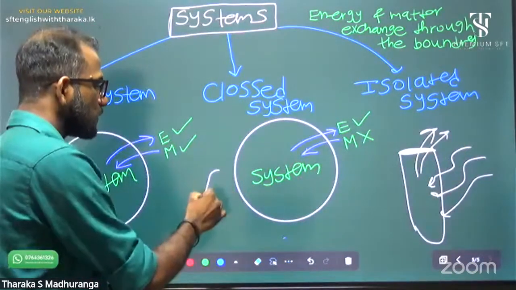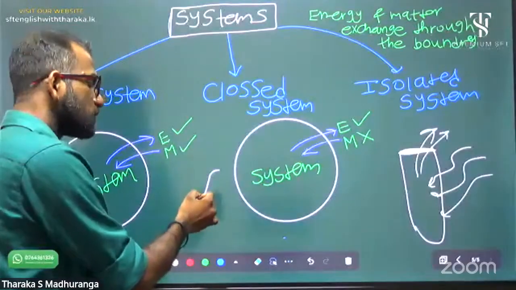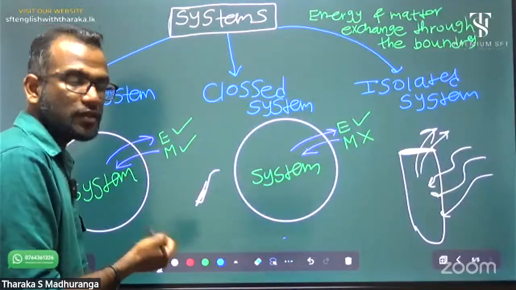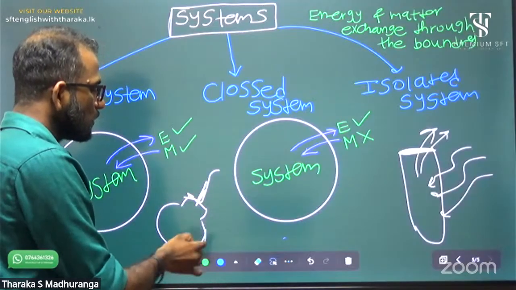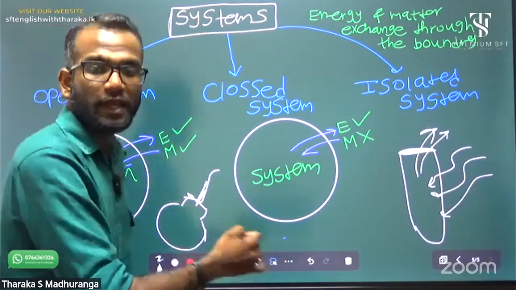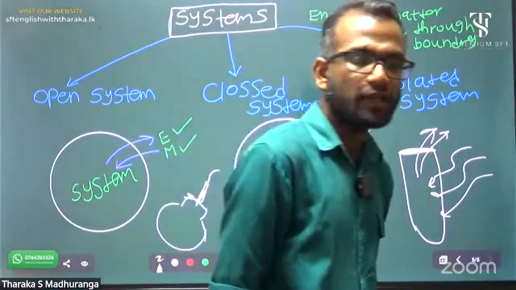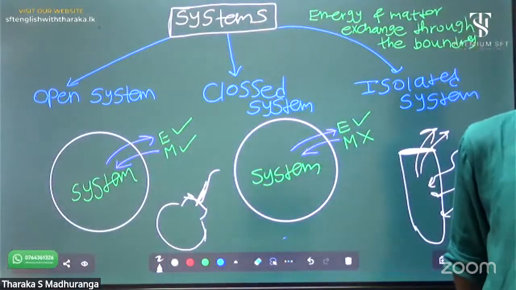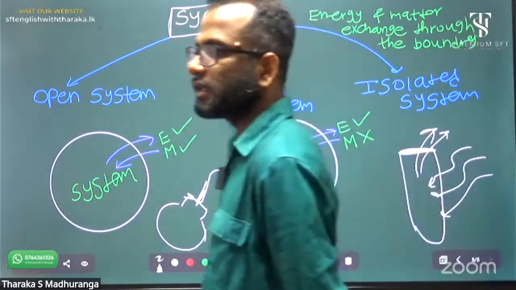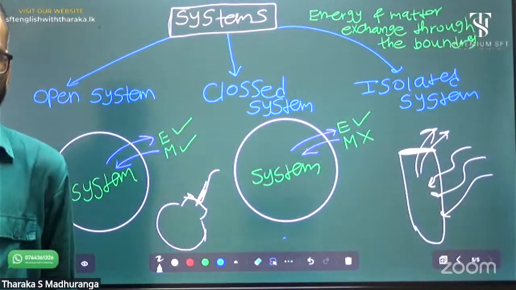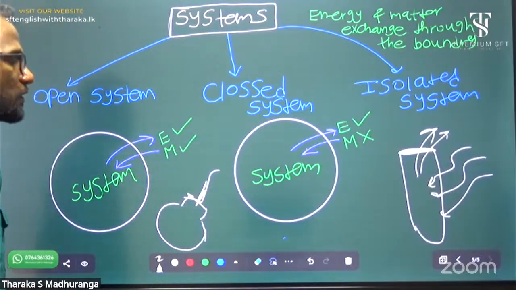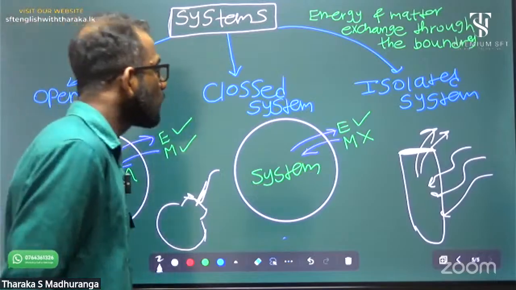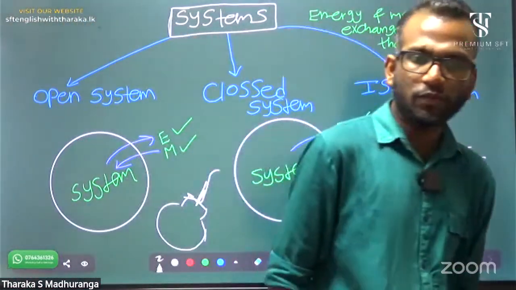If we take a bulb, what happens? The supplied electric energy is converted into light and heat energy, right? Light and heat energy, no matter exchange. Yeah, very good. Sealed flask, very good. Okay, they are the closed systems. I think you have an idea.